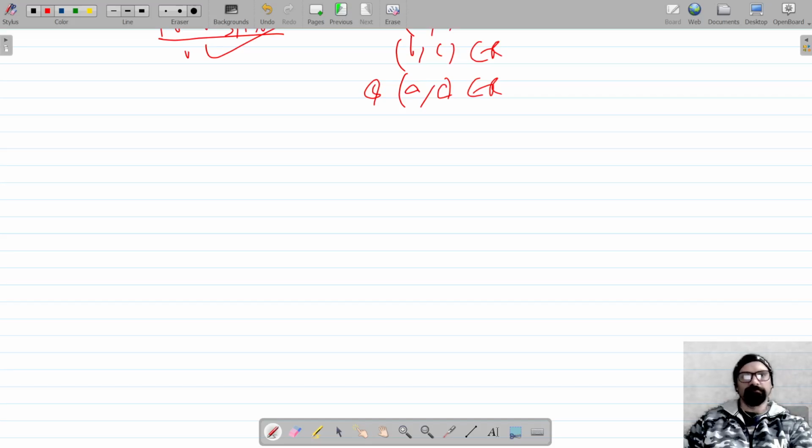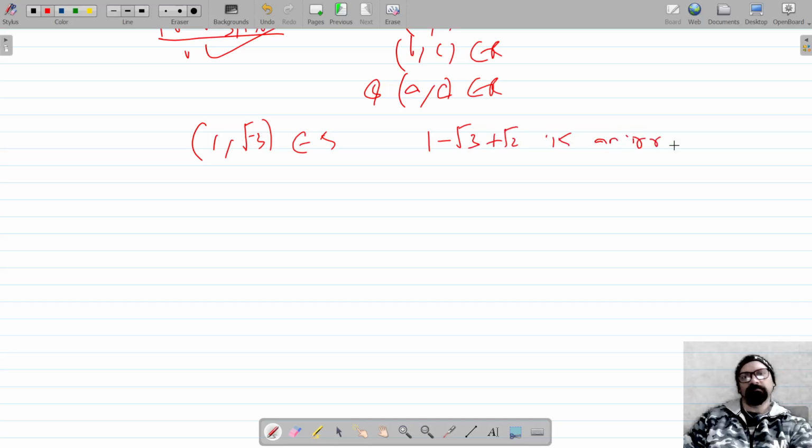The first one, let's consider an example, (1, root 3). (1, root 3) is in relation S because 1 minus root 3 plus root 2 is an irrational number.